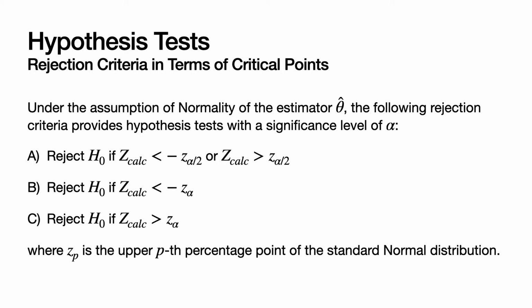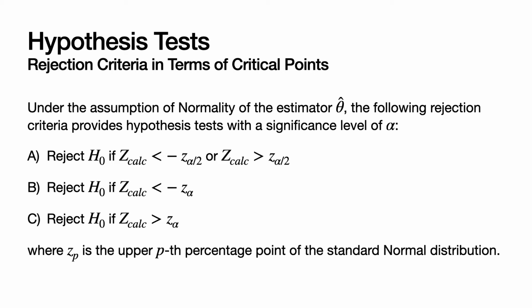Hypothesis test B, which is a left-tailed test, has a rejection criteria where we reject the null hypothesis if z-calc is strictly less than negative z sub alpha. And then finally, hypothesis test C, which is the right-tailed test. Okay, we're going to reject the null hypothesis if z-calc is greater than z sub alpha.